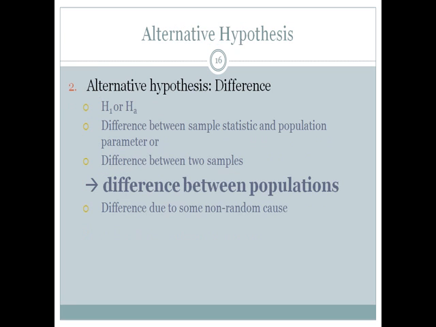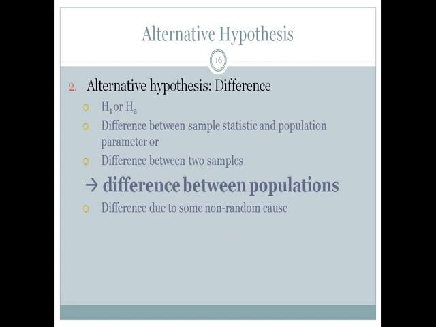The alternative hypothesis, which can be written as a symbol as H sub 1 or H sub A, says that the difference between populations is not due to chance alone. It's due to some non-random cause. It could be a treatment effect, it could be something else.